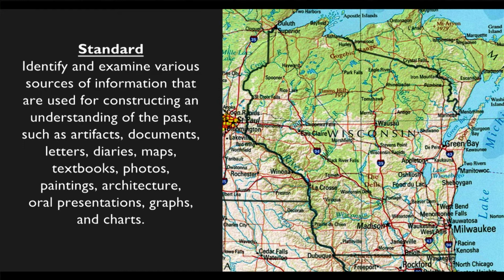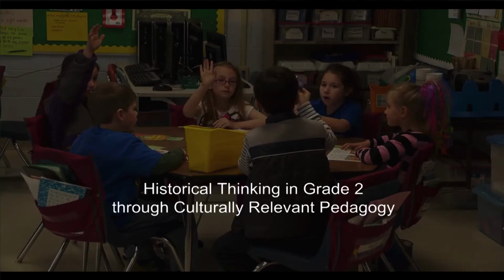Wisconsin standards are slightly different. They are grade banded, and so this Wisconsin standard can be applied to lessons that are geared for students from 5 to 11 years old. For our purposes in this lesson, we're focused on historical thinking, and we're zooming in on second graders for this culturally relevant example.